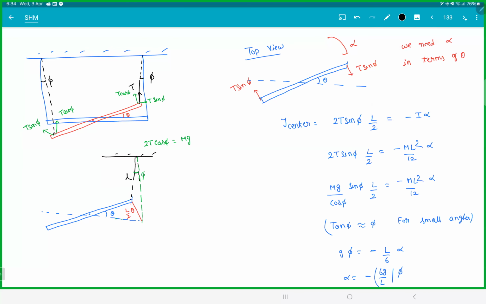The vertical string says this length is L phi. Therefore, both are actually equal. The horizontal displacement L by 2 theta should be equal to that L phi there. So from there we get phi is equal to L theta by 2 small l. Now take that and substitute here. You end up with minus 3g by L theta. That's your omega square.